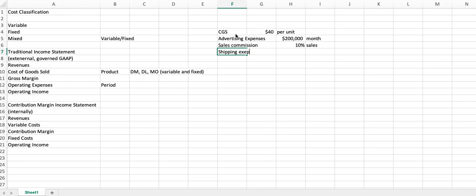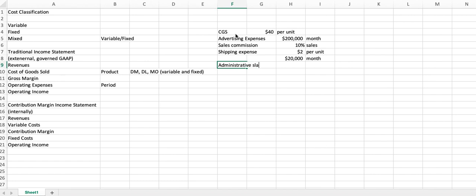You have shipping expense, for example, say it is $2 per unit plus an additional $20,000 per month. That's a mixed cost. It's already been separated for you.